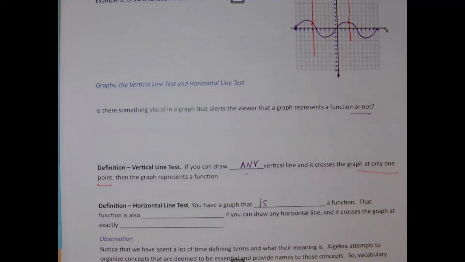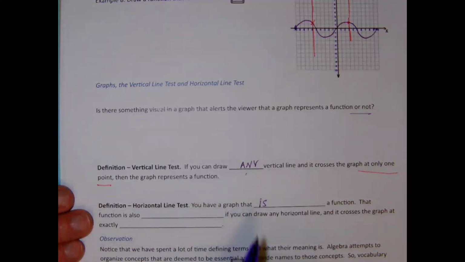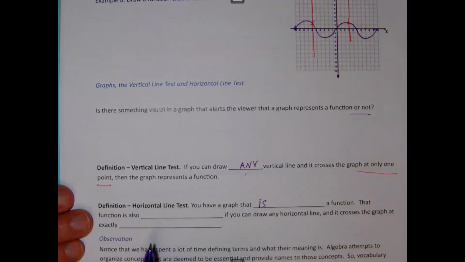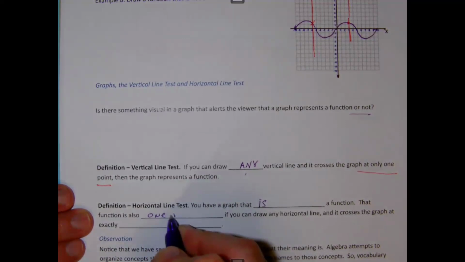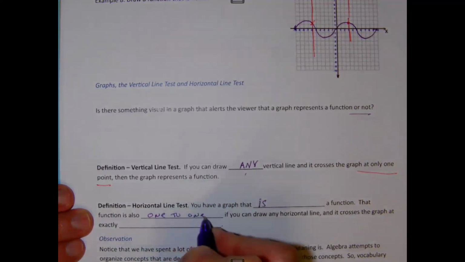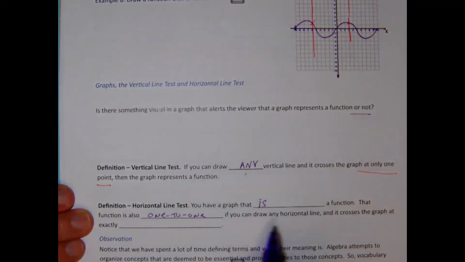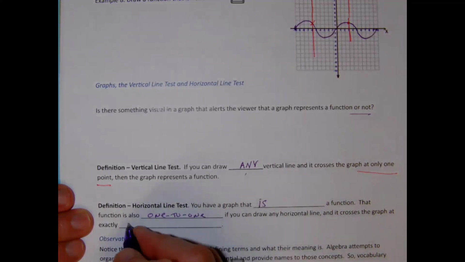I forgot what I wanted to write down there. Right. So you have a graph that is a function. That function is also one-to-one if you can draw any horizontal line and it crosses the graph at exactly 1 point.